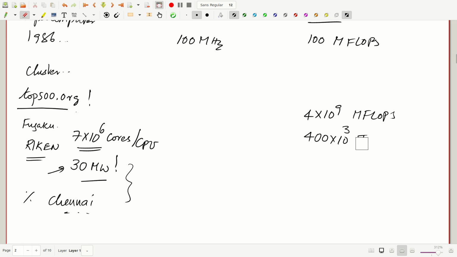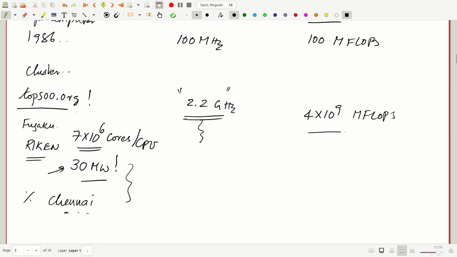Then what is the frequency of the processors it is using? The frequency is only 2.2 gigahertz. Now this is nothing great, right? For example, a good standard laptop or desktop would have a similar frequency as well.